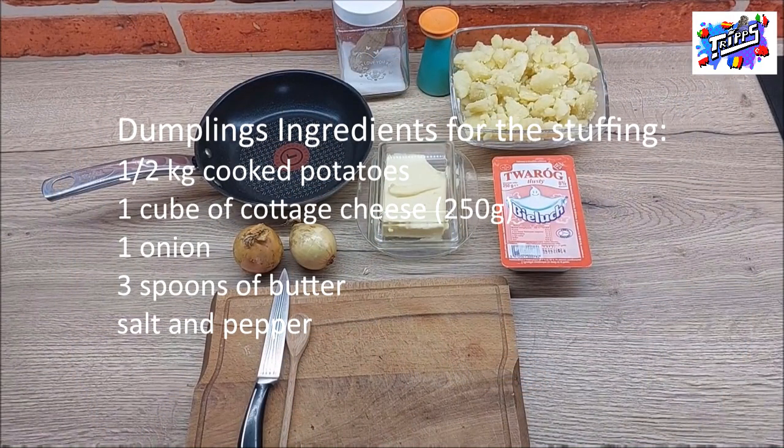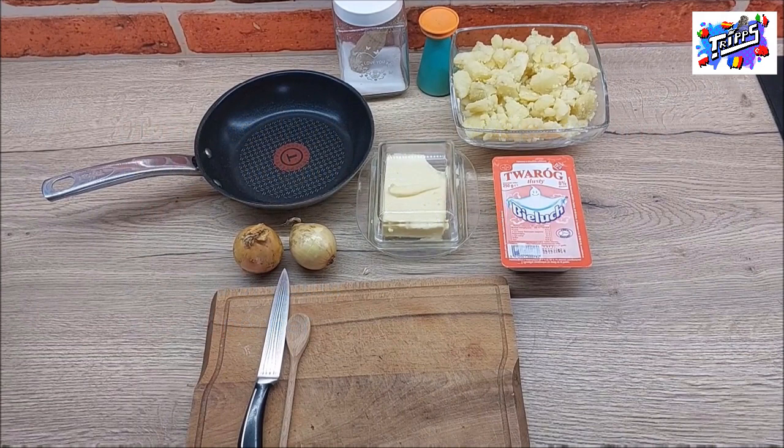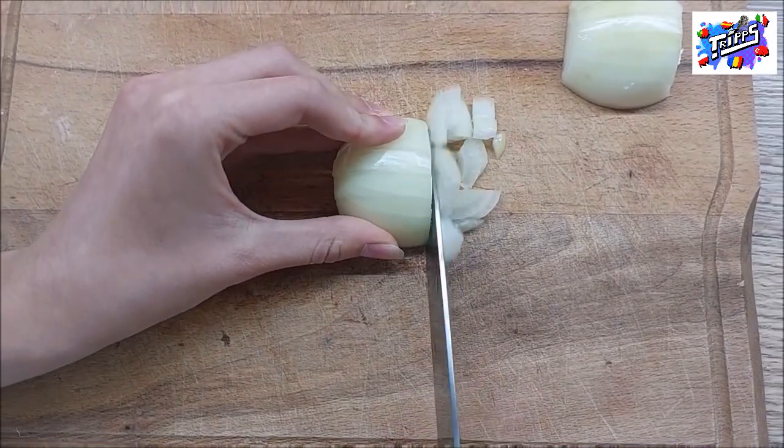Dumplings. Ingredients for the stuffing: half a kilogram of cooked potatoes, 1 cube of cottage cheese, 1 onion, 3 spoons of butter, salt and pepper. Now we will prepare the stuffing for dumplings. First, chop the onion and fry it in butter.